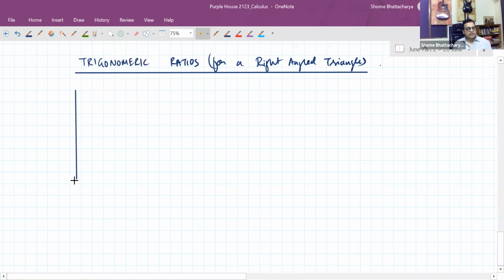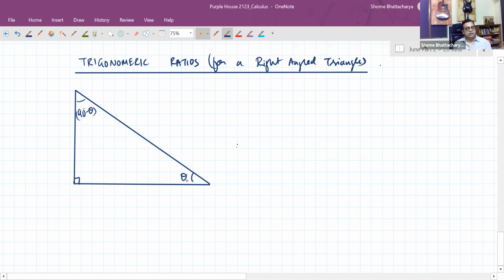If you take any right angle triangle, it turns out that the ratio of the sides depends on the angles. For example, if this angle is theta, this angle is 90 degrees minus theta.